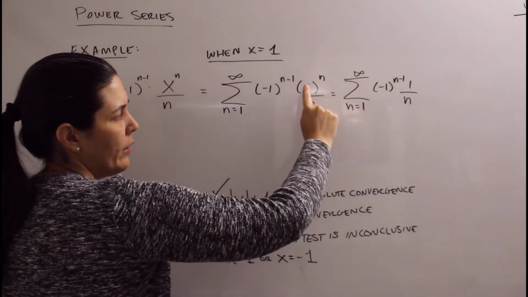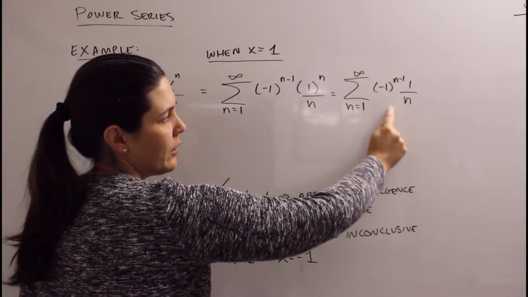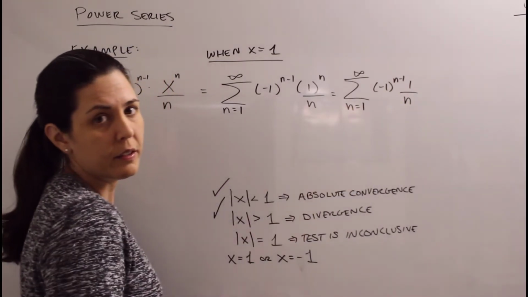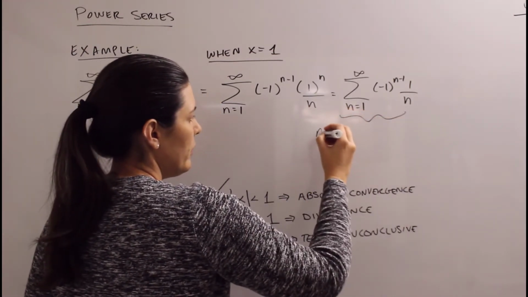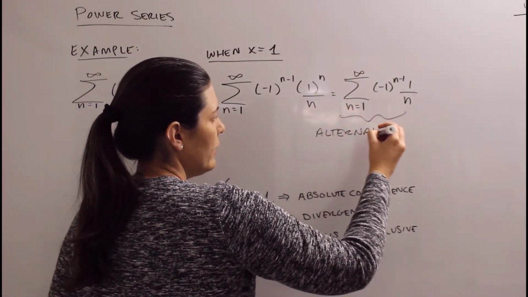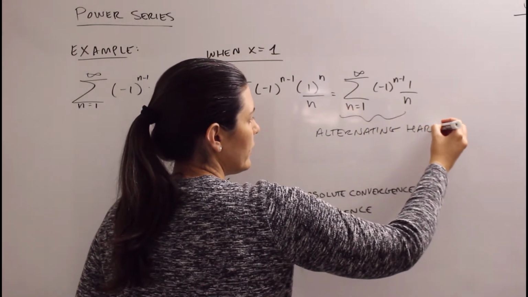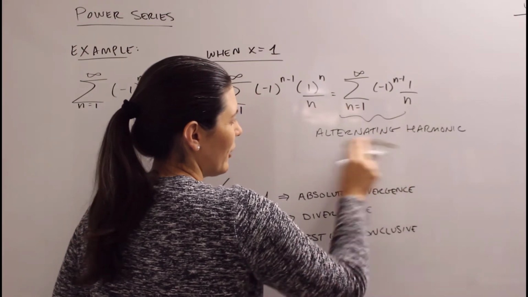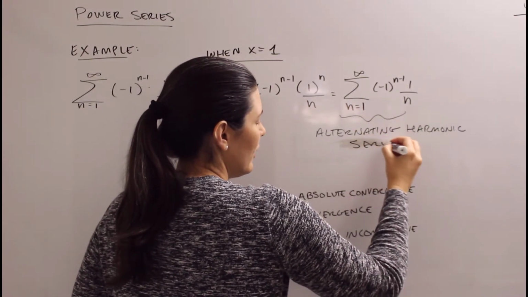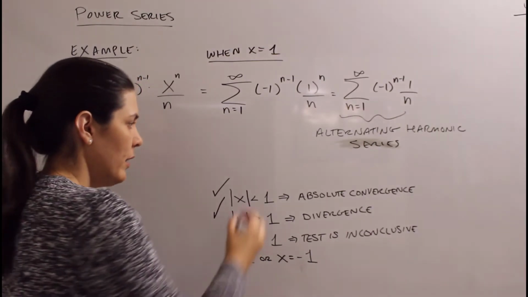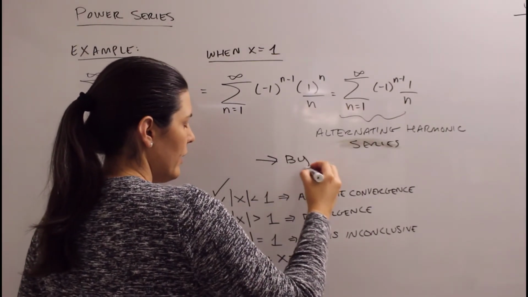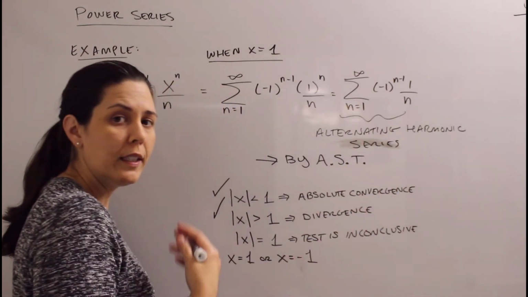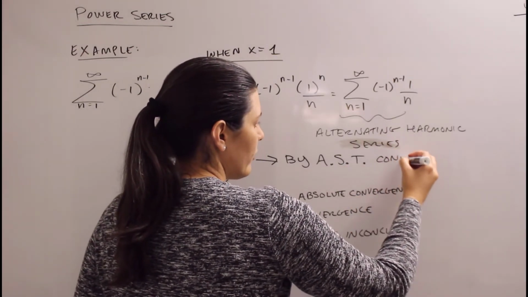And if you simplify, 1 to any power is still 1. This should look familiar, hopefully. This is just your alternating harmonic series. So this we've seen before. And if you recall what we learned about that series, by the alternating series test, this converges.